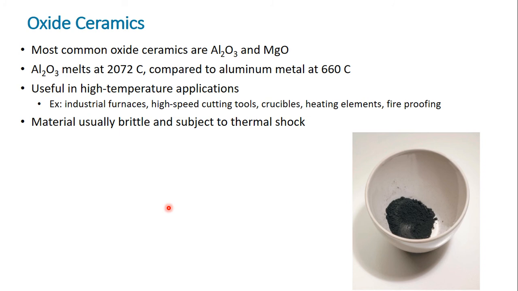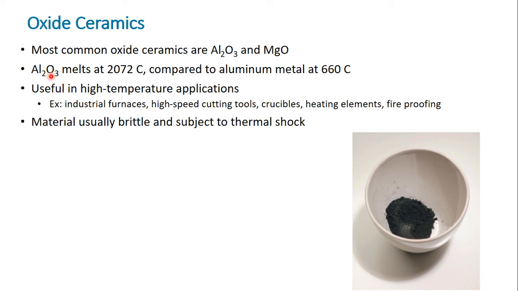Now, another type of ceramic is called an oxide ceramic, and that's where you have oxygen in your ceramic. Al2O3 and MgO are common oxide ceramics. These compounds have very high melting temperatures.